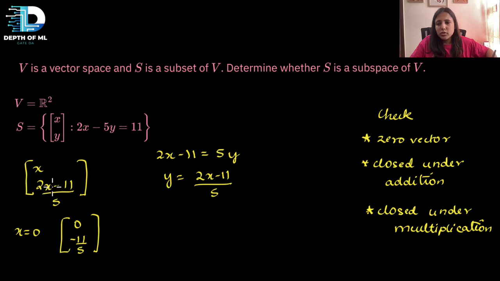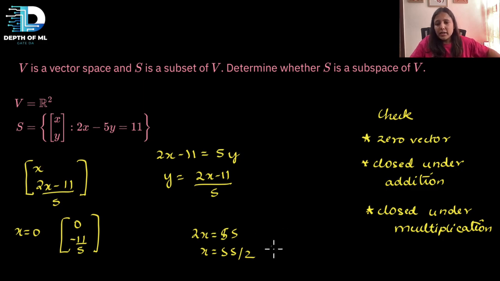So let me set this as 0. How will this become 0? So I want to make this 0. If x equals 55 by 2, this will become 0, but then the value on the upper coordinate will be non-zero, right?